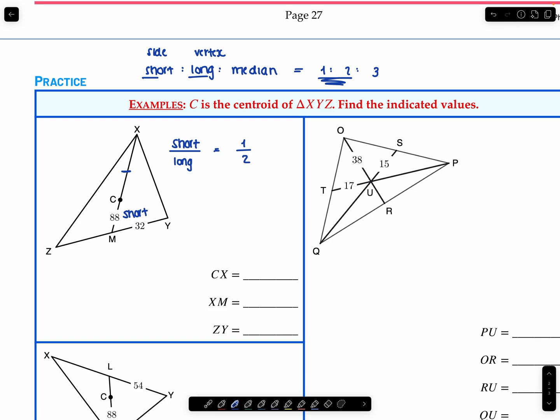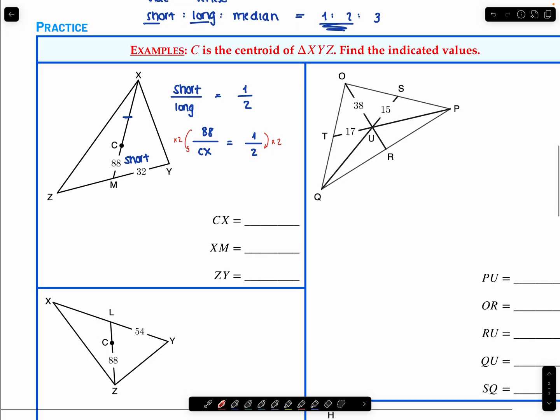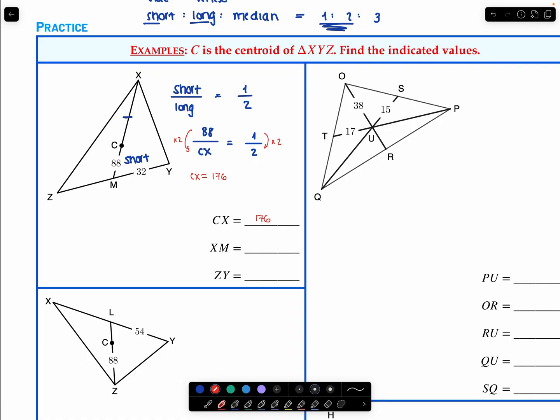So the short piece we know, this is 88. The long part is CX, and this is 1 to 2. Notice that from 1 to 2, that's times 2. So to find CX here, we can just simply multiply by 2. So CX here is 88 times 2, which is 176.